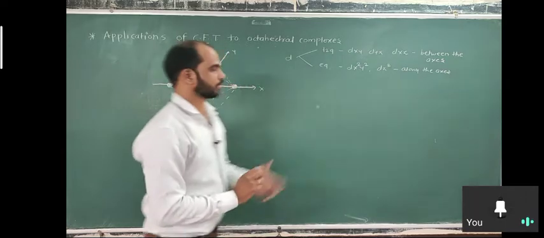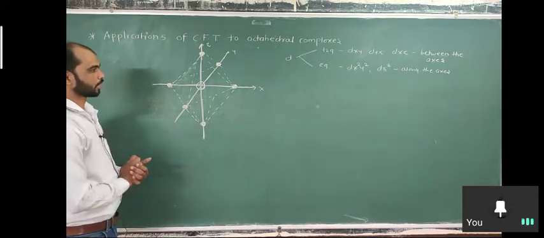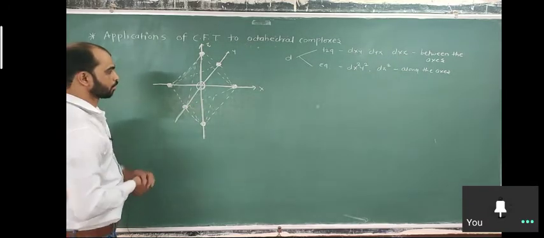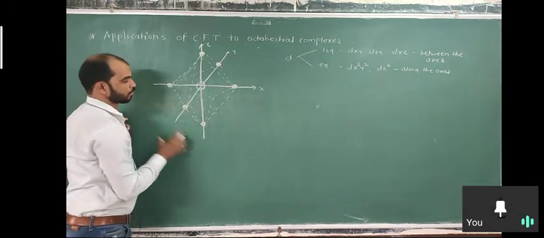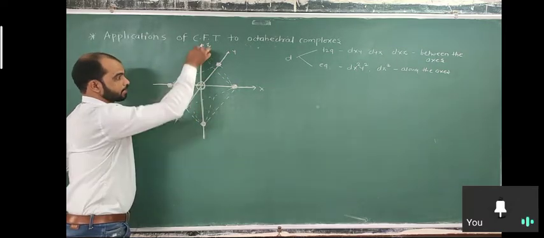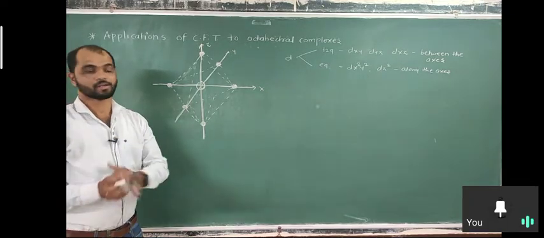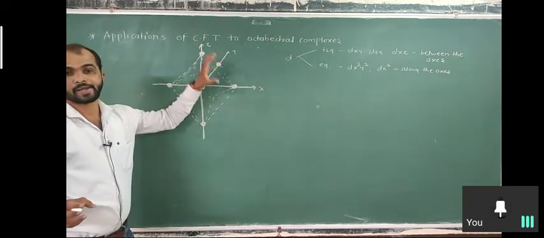Okay, you know it. So suppose we consider an octahedral complex. We draw the octahedral complex here, with the x-axis, y-axis and z-axis. Here the ligands are pointing along the x, y and z axes.